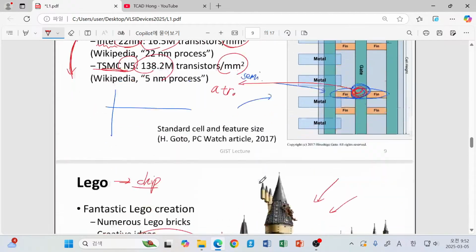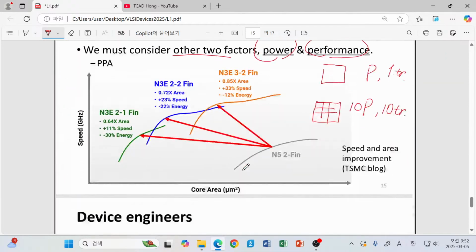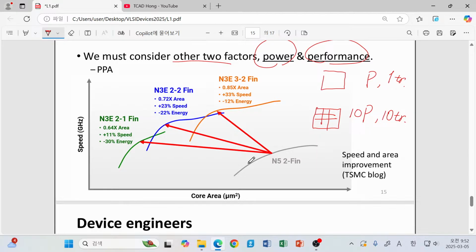So therefore, what we do in reality is, when we move from one given technology to the next technology, for example, from the N5 technology to the N3 technology, a scaled one, then we usually expect this kind of achievement. For example, smaller area. Of course, we are now integrating more transistors.